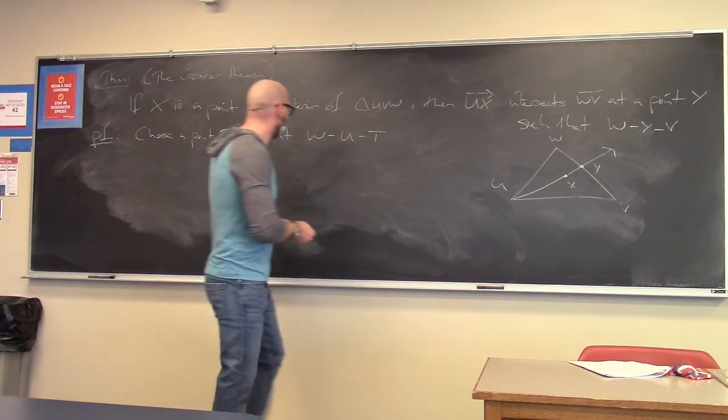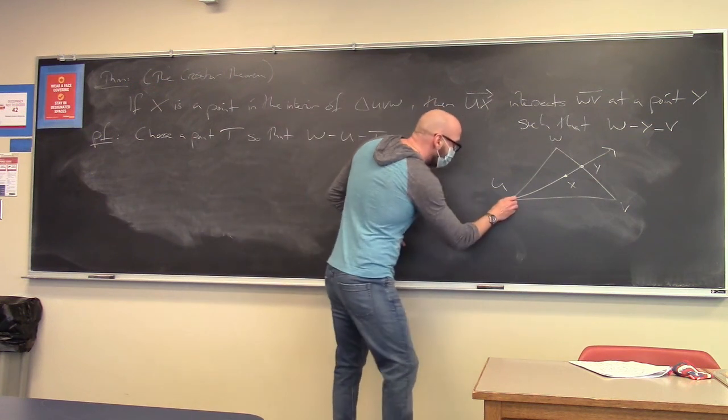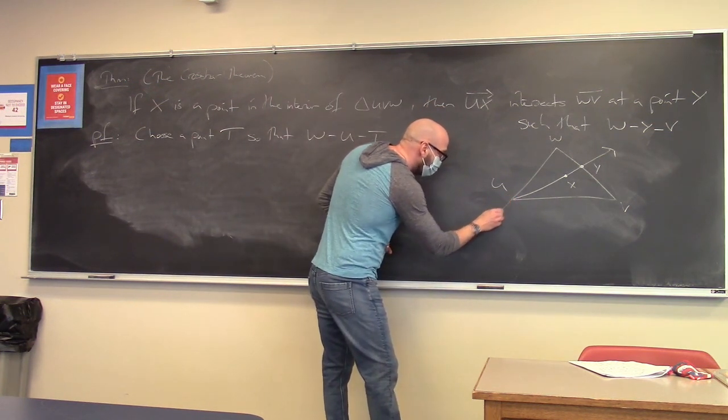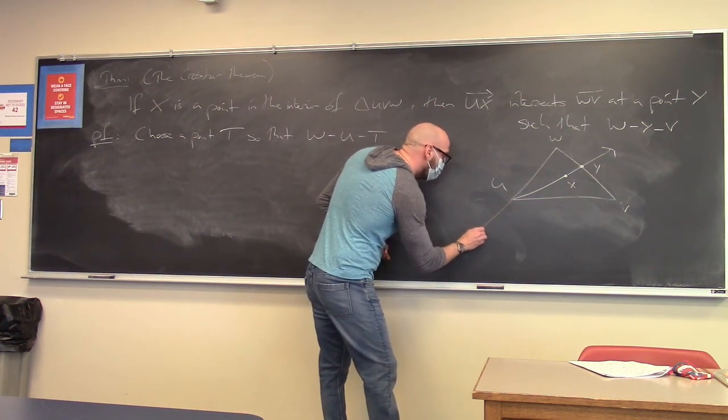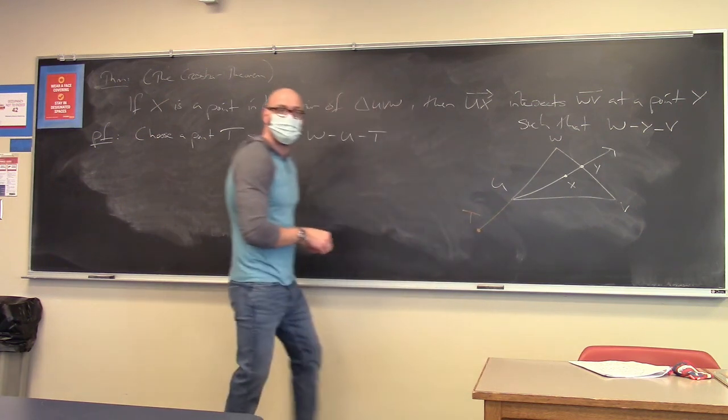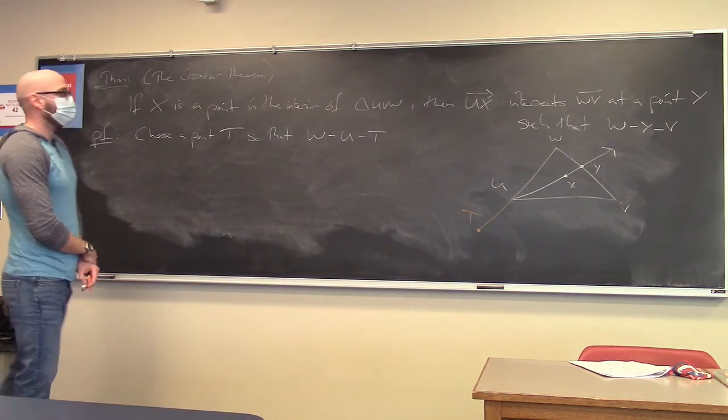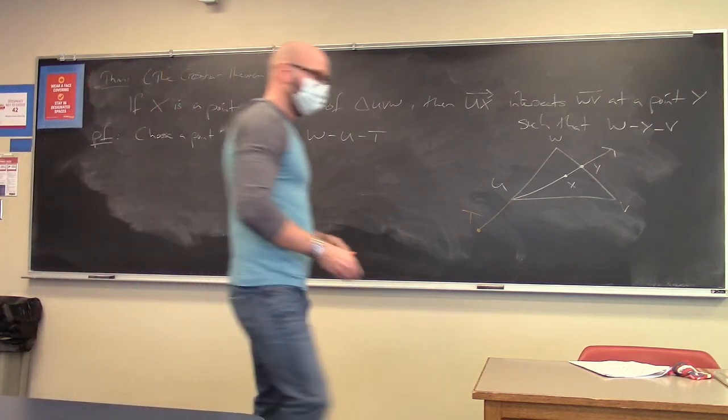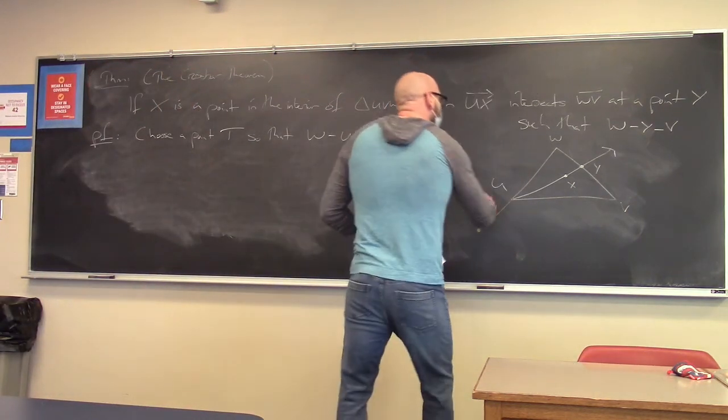It just says choose a point T on the line WU so that T is collinear. So we'll extend this out to here. There's T. This gives me a larger triangle, the triangle TVW.